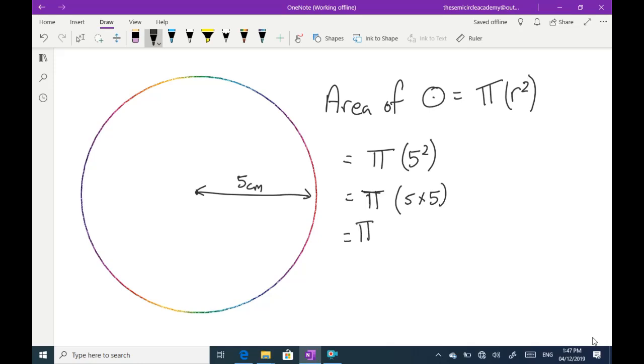So that is pi times 25, which is 78.5, and the unit would be centimeters squared, right? So you can see here that even the area of a circle is just a matter of learning off this formula, pi r squared, and applying it.